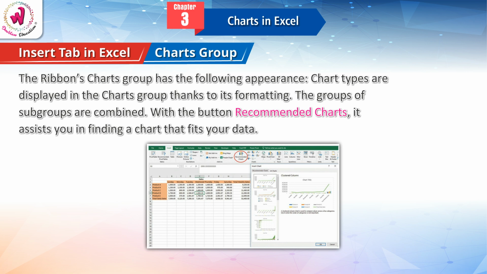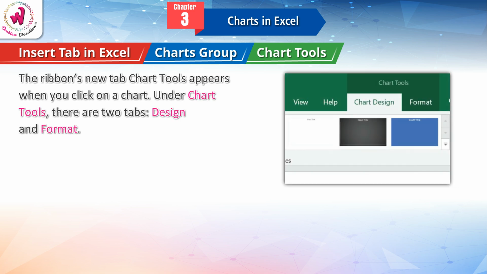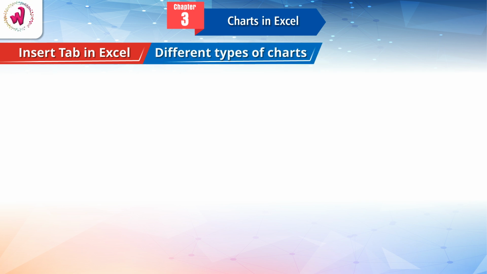With the Recommended Charts button, it assists you in finding a chart that fits your data. Chart Tools. The ribbon's new tab Chart Tools appears when you click on a chart. Under Chart Tools, there are two tabs, Design and Format.